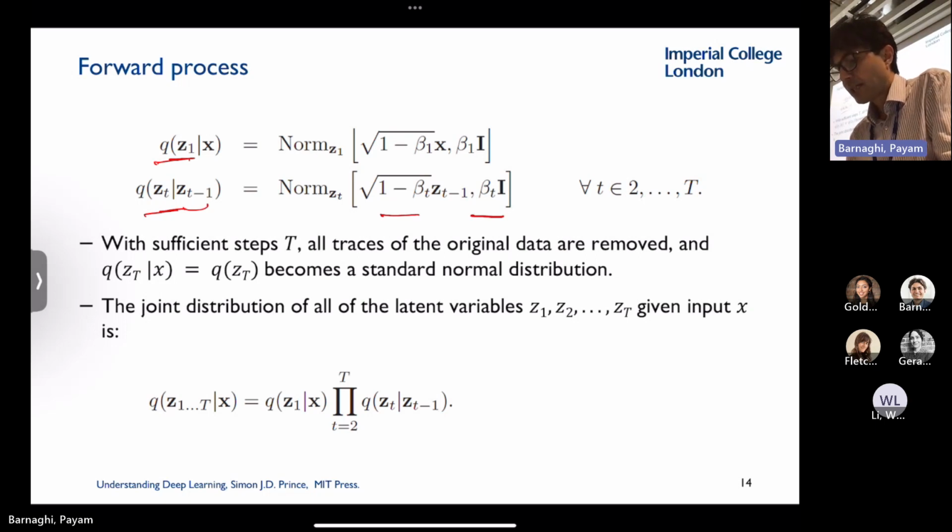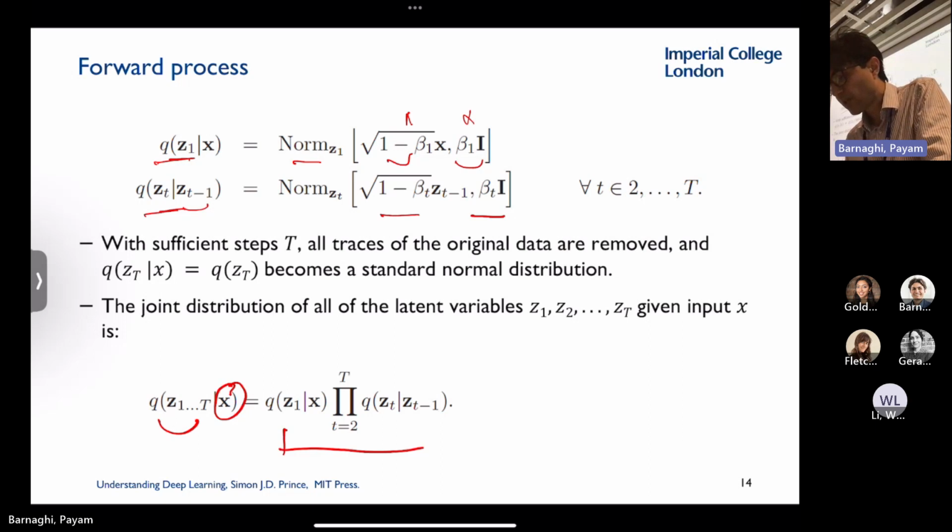In the forward process, you're just taking a normal distribution, where this is the mu and this is the sigma based on the betas. You're assuming that at each step your data comes from a Gaussian distribution to which you're adding noise. And in reality, for each step you can calculate this. Basically, it's just writing the same thing in mathematical form. At each step, it depends on the previous step, just the same thing.